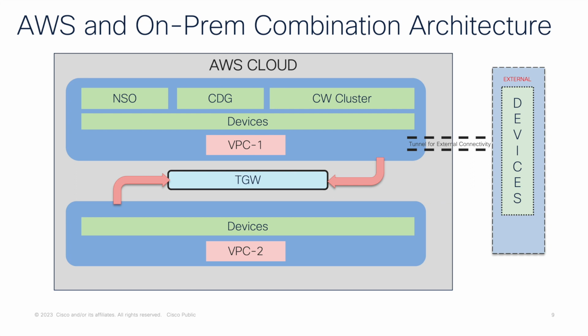This is the AWS and on-prem combination architecture, where AWS cloud can have devices in the same VPC or in a different VPC, connected over transit gateway, or we can have devices sitting in an external environment like an on-prem solution or a data center, where you can have a tunnel for external connectivity, as we show here in the black dotted lines.